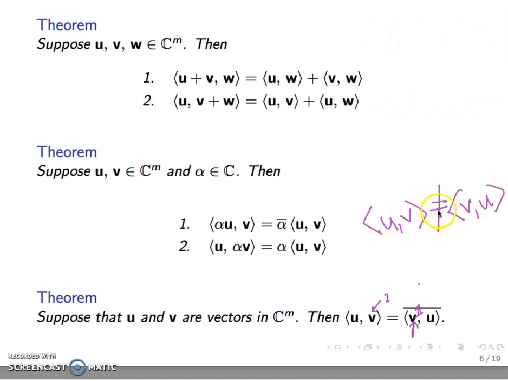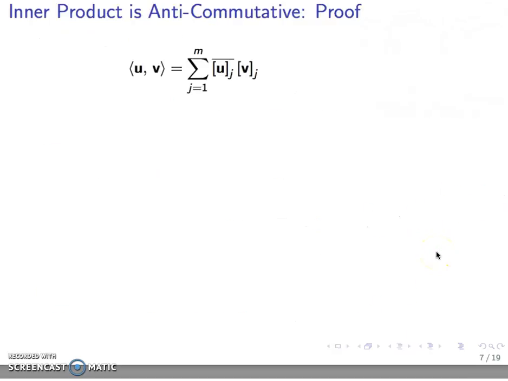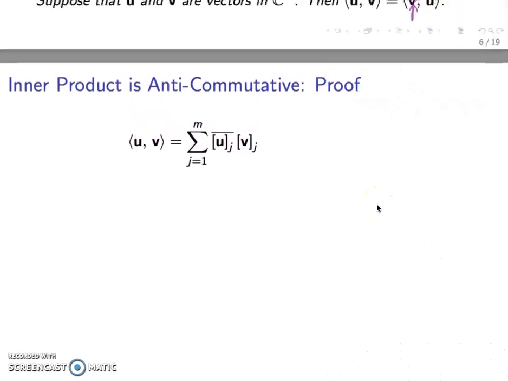In general, this is not true. If it were true, you would say that this operator is commutative. The commutativity is preserved. Instead, here, we say that the inner product is not commutative, it's anti-commutative.